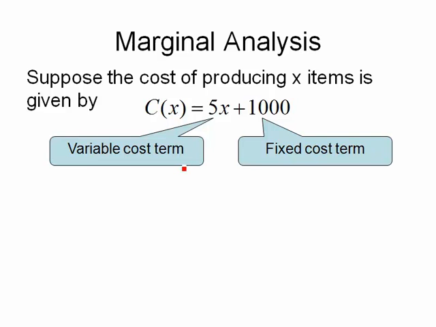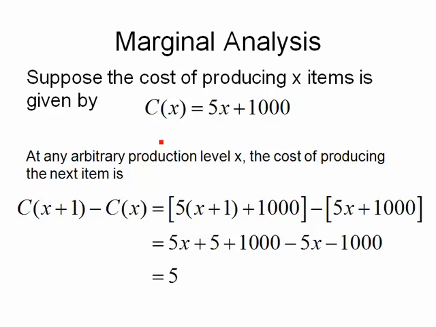Now let's expand on this a little bit. Before we looked at C of 11 minus C of 10. Well, what if we took C of x plus 1 minus C of x? So whatever your production level is at x, we're going to subtract that from 1 more than that. C of x plus 1 means we put x plus 1 into our cost function.